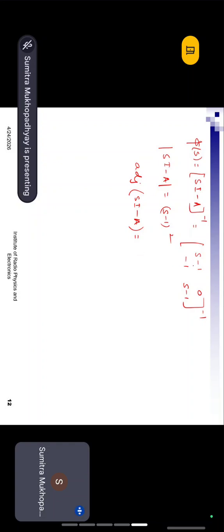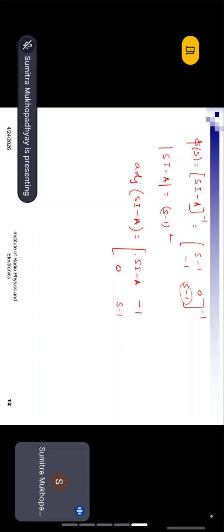If we are finding this element, then we take the remaining element here from sI minus A: minus 1, 0, then S minus 1.